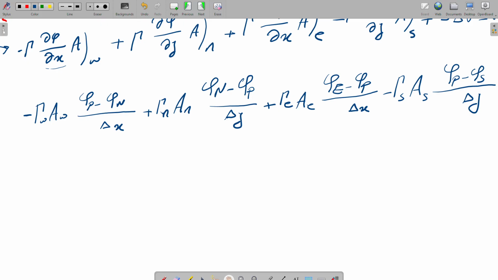We will rearrange this equation and generate the general form of algebraic equation.